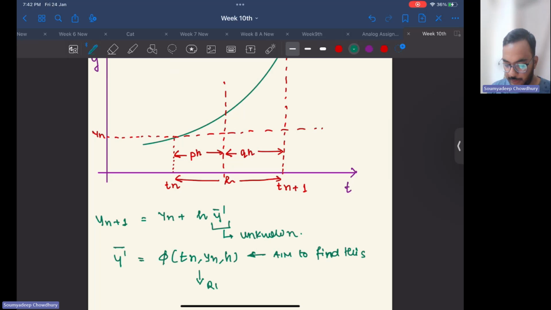So in RK2 method, this y dash was the weighted average of the two slopes, right?